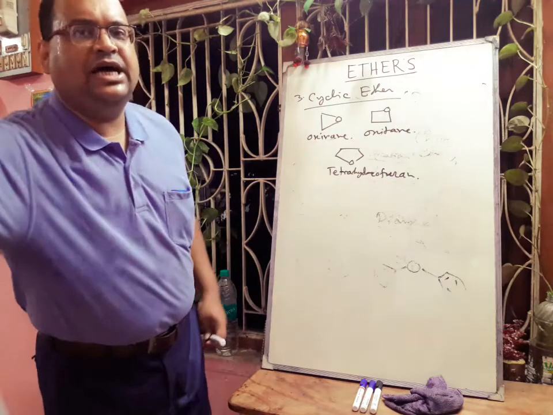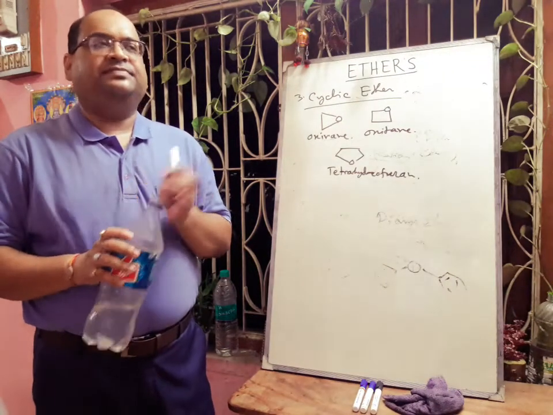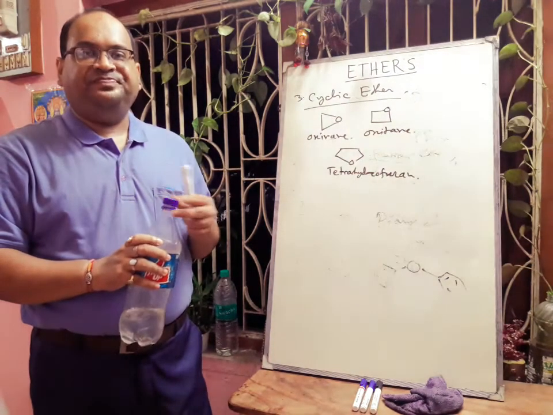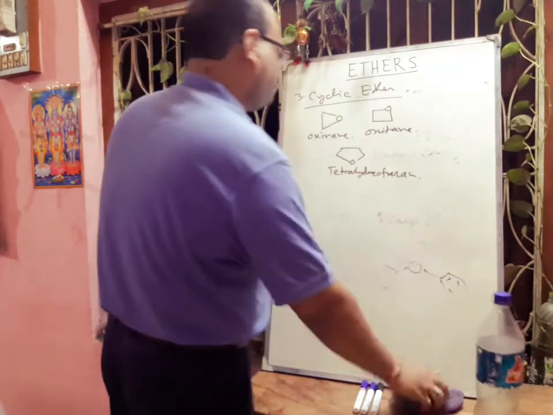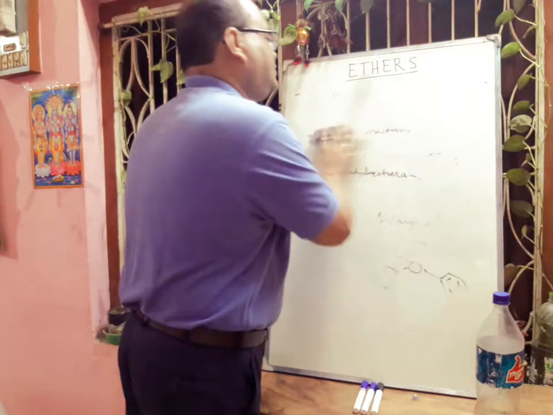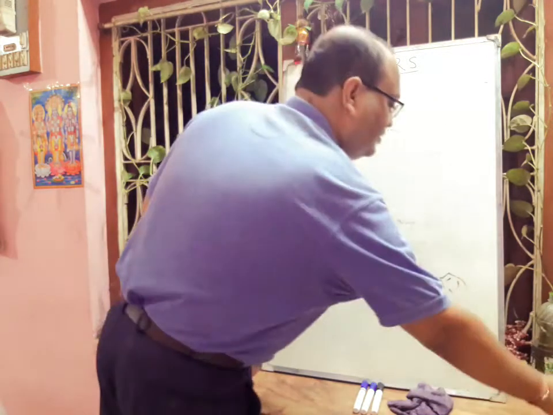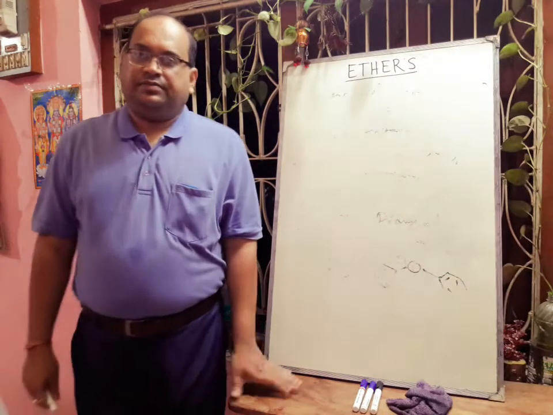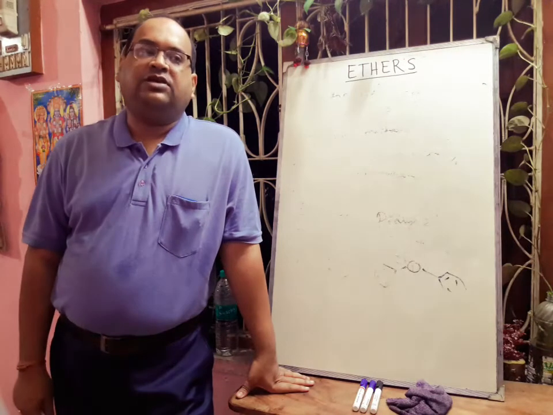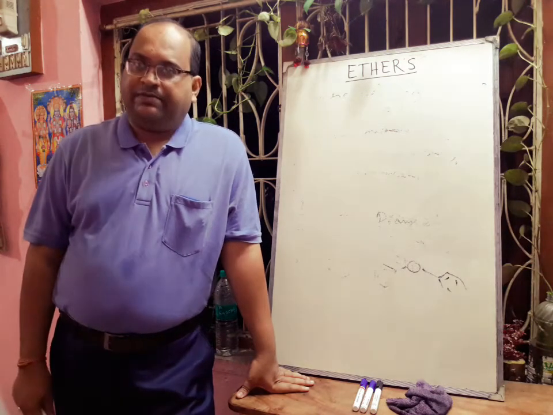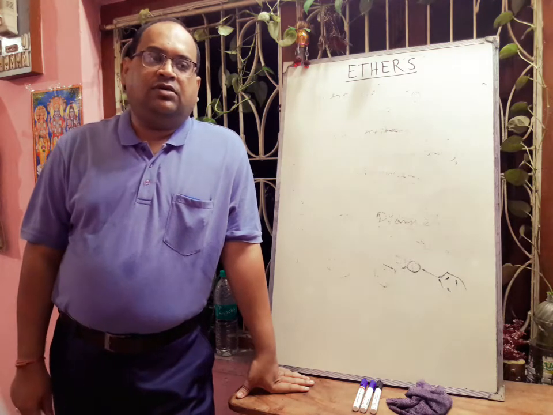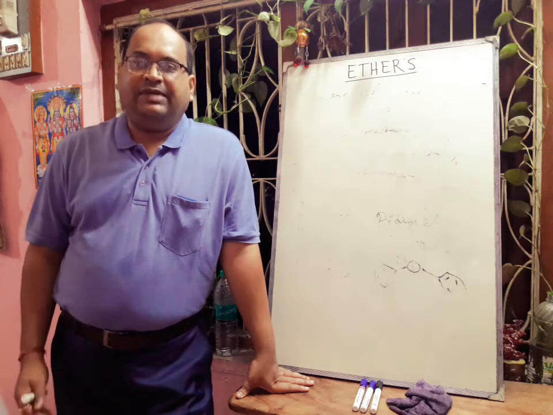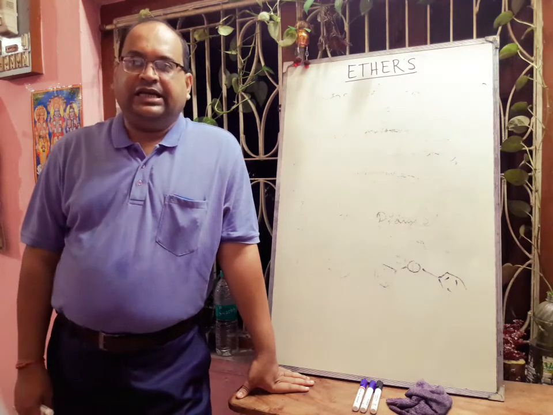Next we will discuss the nomenclature of ethers. Ethers may be named in two ways: one is called the common name or trivial name, another is the IUPAC name. Common names are like dimethyl ether, diethyl ether, ethyl methyl ether.